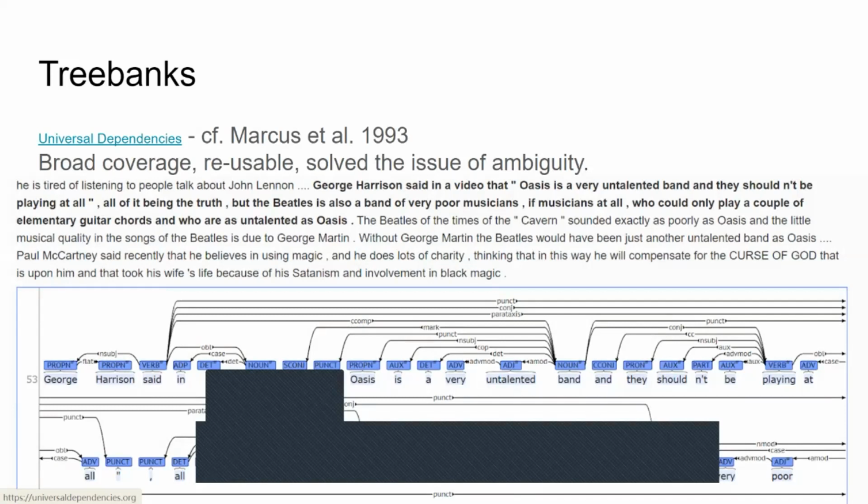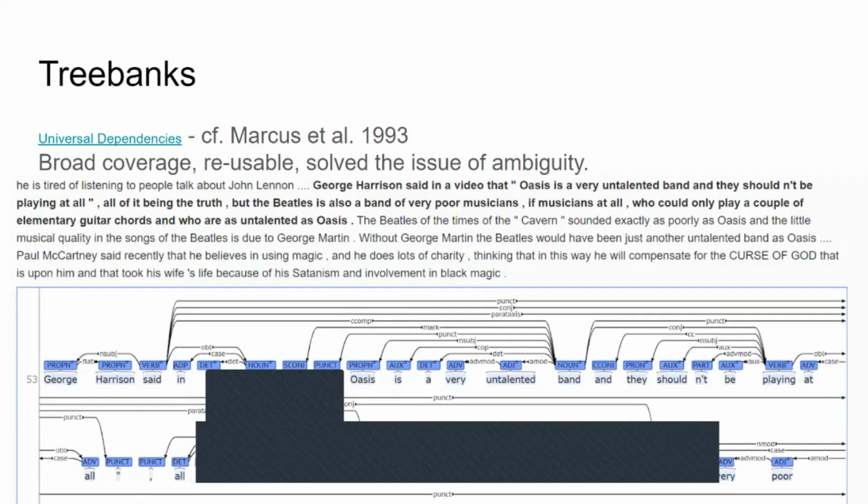It covers a bunch of different languages: English, Chinese, Finnish, all kinds of languages, and a bunch of examples too. I think we're going to talk about this later, but everything stored here can essentially be used as training data when we're trying to teach the machine how to figure out these arrows and the tree structure.